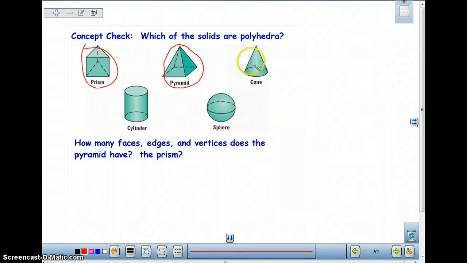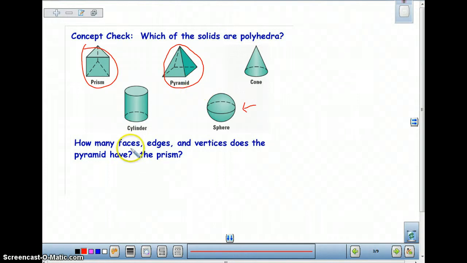A cone actually is not a polyhedron, because if you look at the net of this, it isn't going to be a polygon at all, nor is it going to work with a cylinder. We do have circles for the bases, but when we go around there, that's not a polygon. And a sphere also isn't a polyhedron. So our polyhedra are our prisms and our pyramids.